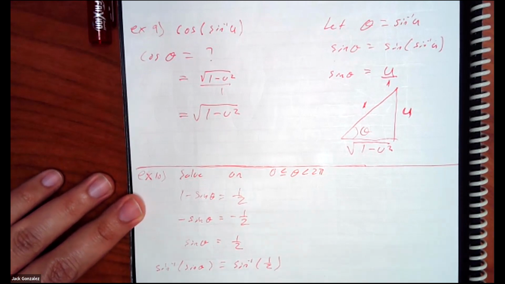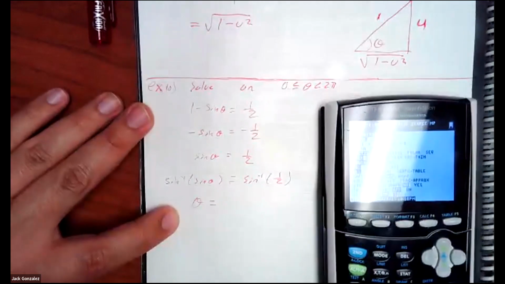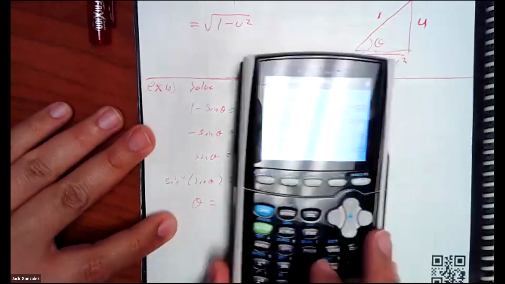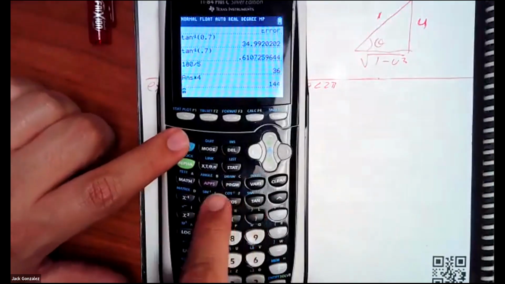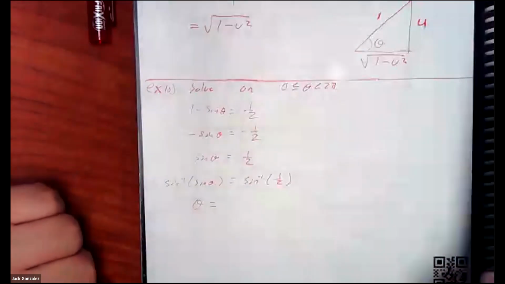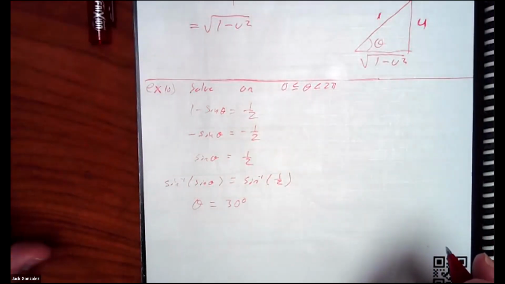I'm going to switch to degrees so you can see it better. Sine inverse of 1/2 is 30 degrees, which we can see on the calculator.